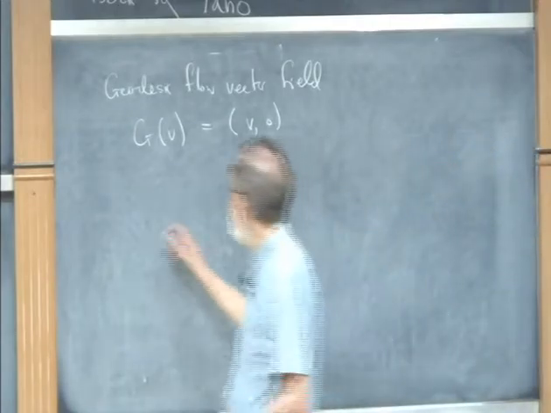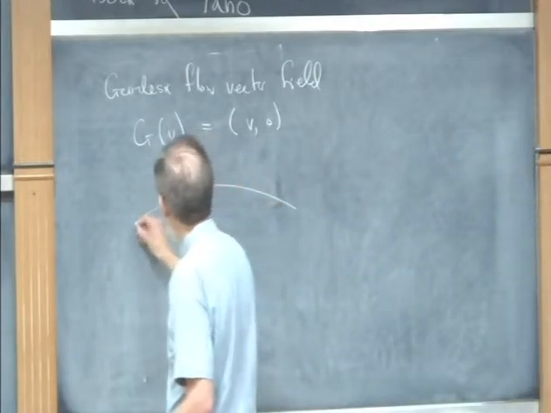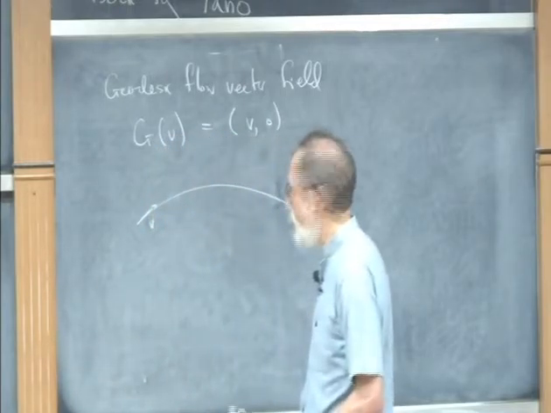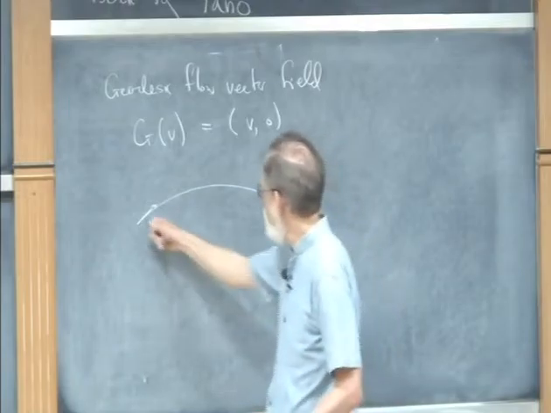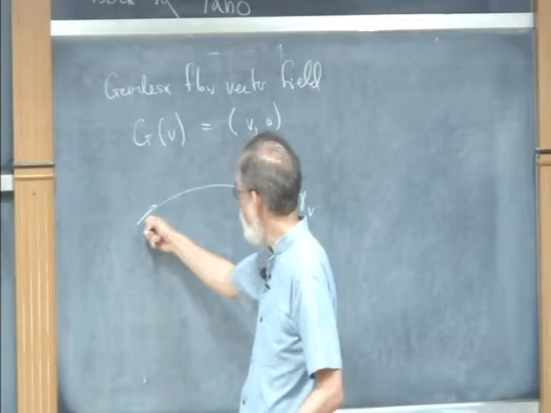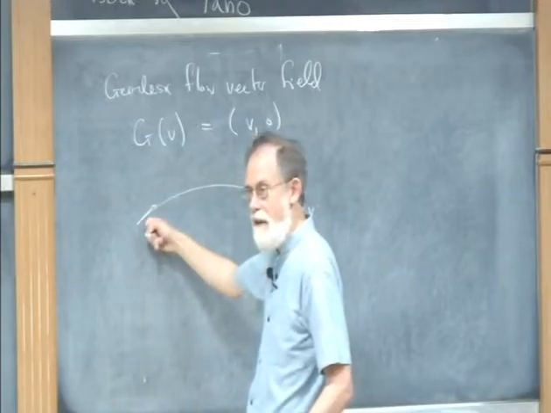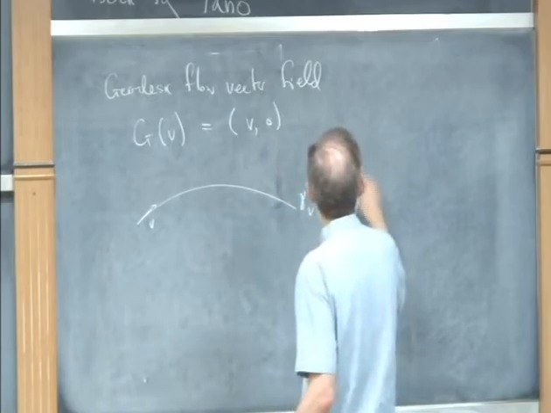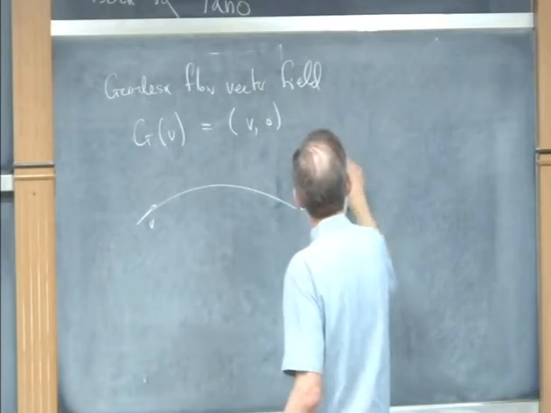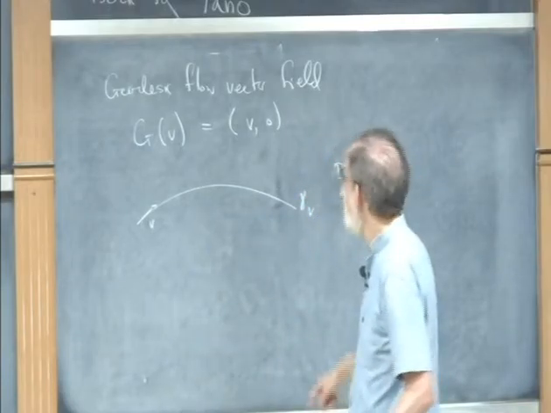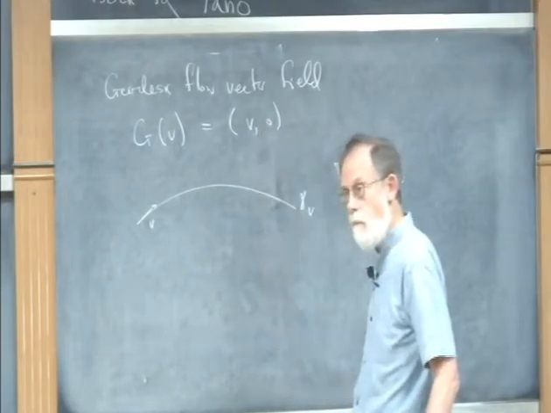Because that says, well, if I draw a picture of my geodesic gamma V, tangent to V, the curve of foot points has initial tangent vector V, so that's why you see a V there, and d by dt of gamma dot equals 0. That says you have a 0 there.